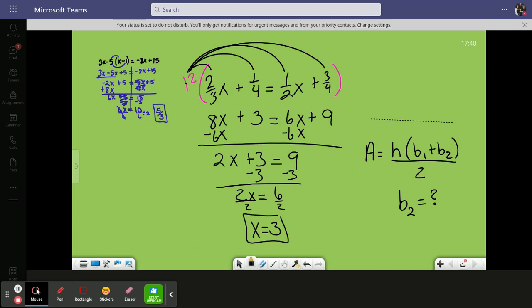And how many answers did I come up with? Just one, right? 3 is the only number in the entire world that can make that equation a true statement. What if I had 8x plus 3 equals 8x plus something? How many answers would I have for this one?